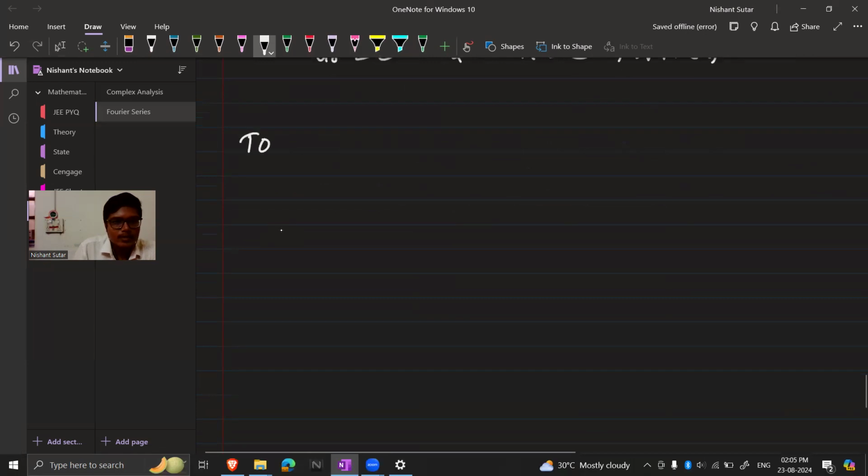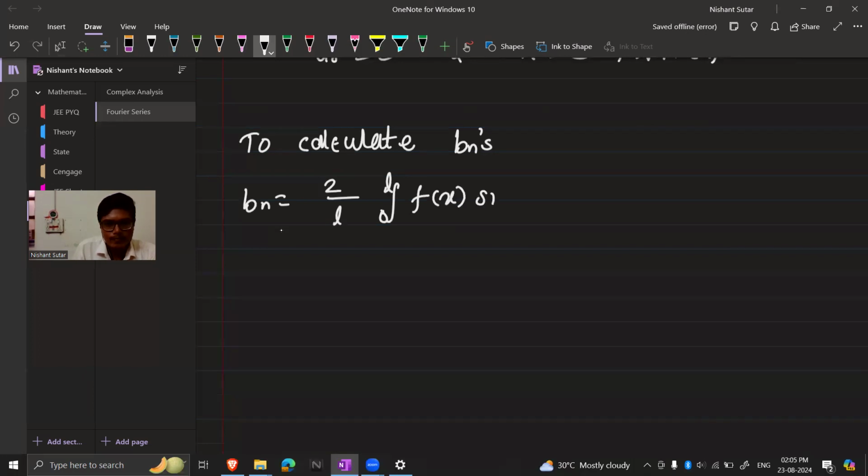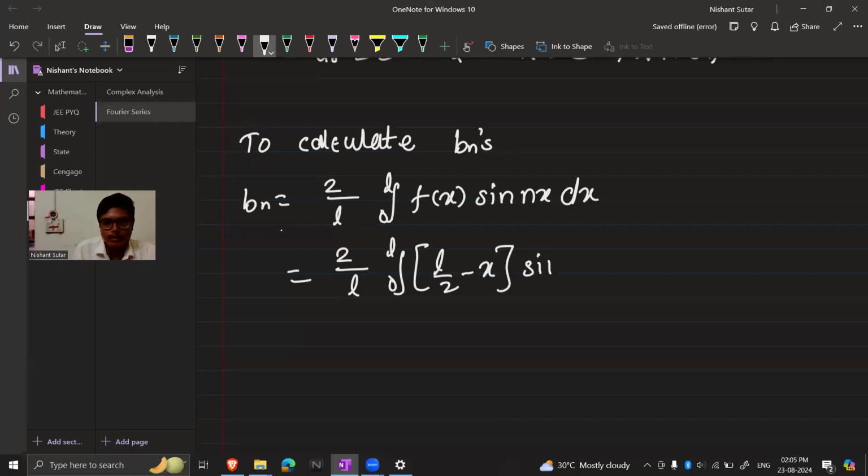So to calculate b n, we write down the formula, which is 2 upon L integral 0 to L f of x sin n x dx, which is 2 upon L integral 0 to L of L by 2 minus x into sin n x dx.